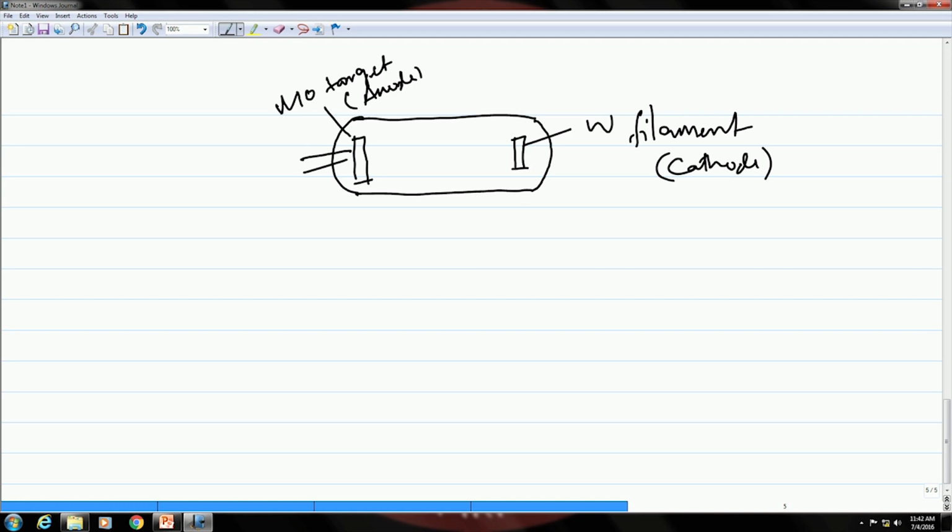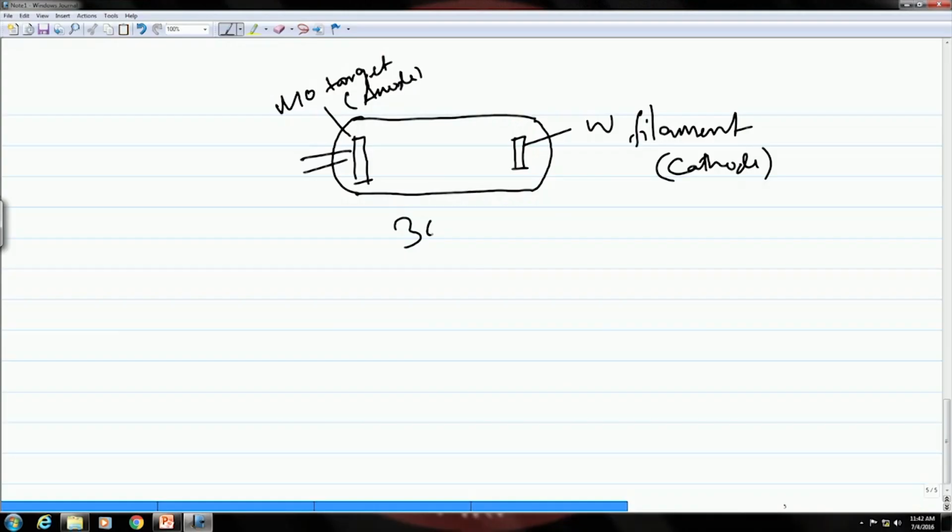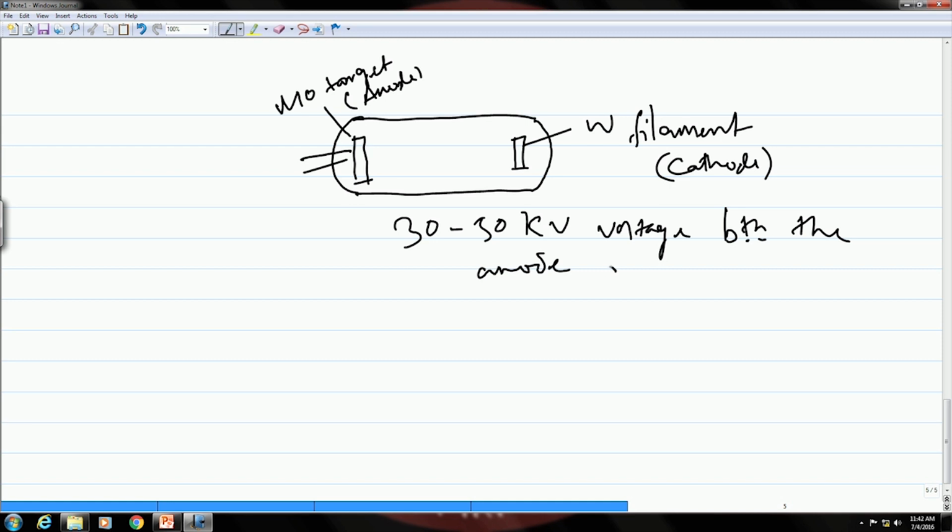Okay. Now, if you maintain a voltage difference to the tune of 30 to 50 kilovolt between the anode and the cathode, then these electrons will be accelerated at high velocities towards the anode.